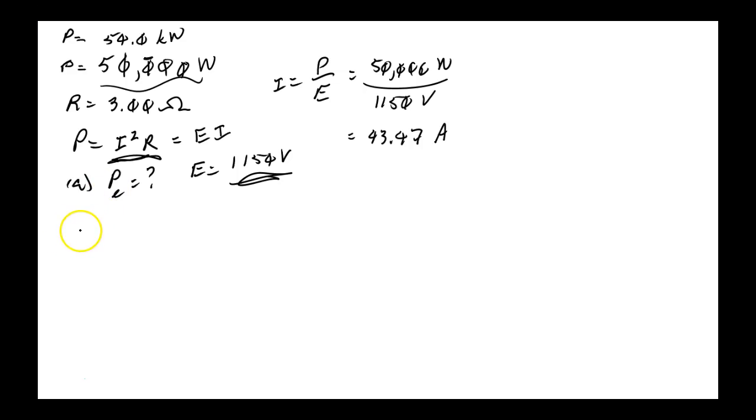So your power loss is going to be, you can leave it in your calculator just like it is, 43.47 amps squared times your resistance of 3.00 ohms. And what do you get?